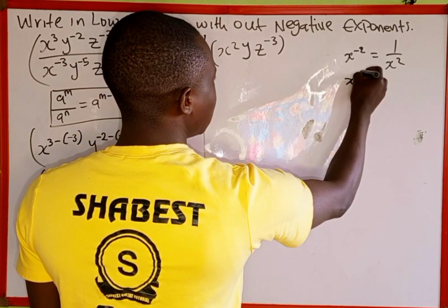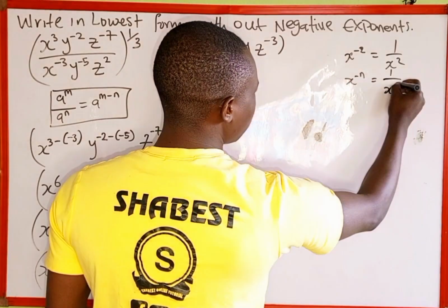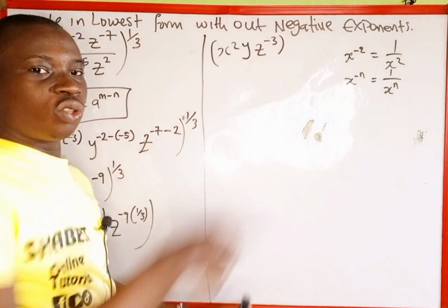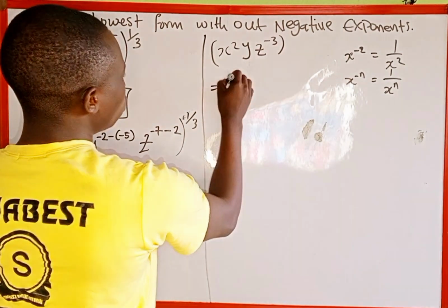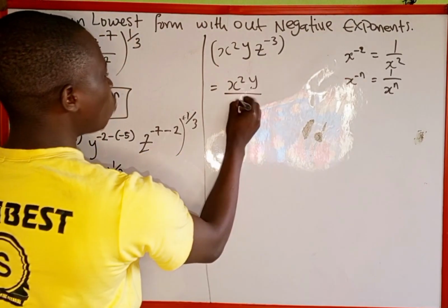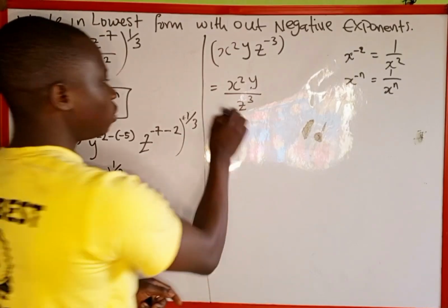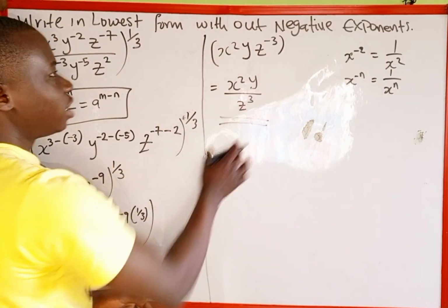X to the power of negative of anything is the same as 1 all over x raised to the power of positive of that thing. When a negative exponent is going to come down, it will change to positive. So this is the same as x squared y, divided by, then we bring this one down, z raised to the power of 3. The negative will turn to positive. And here is the lowest form of this expression without negative exponent.